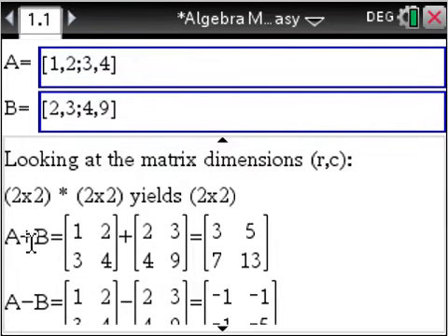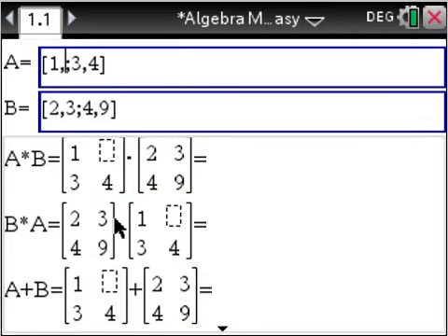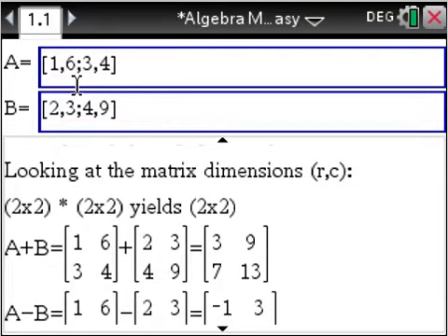If you forget to add a number over here, there are little blocks that show you that you have to fill in more numbers. That's the calculator telling you that you're missing something. So plug in that 6 or whatever number, and then the answer is right here.